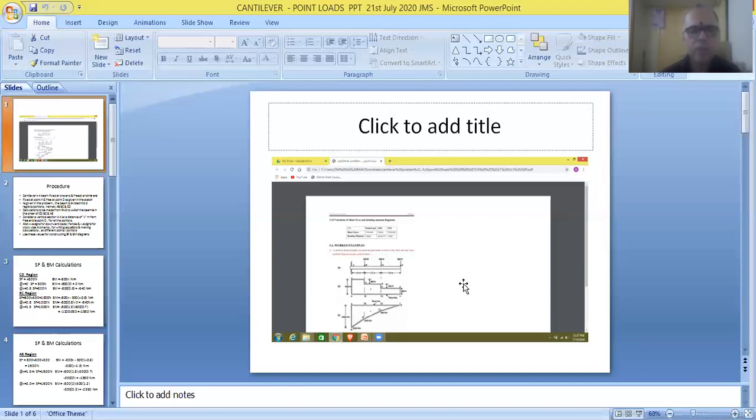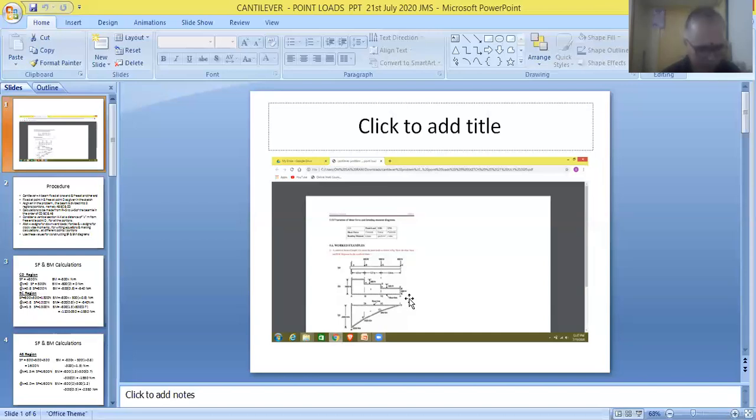So friends, the letter A is used for indicating the fixed end of the beam, and the letter D is used for indicating the free end of the beam.